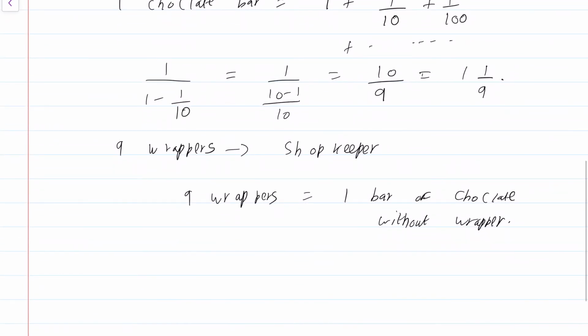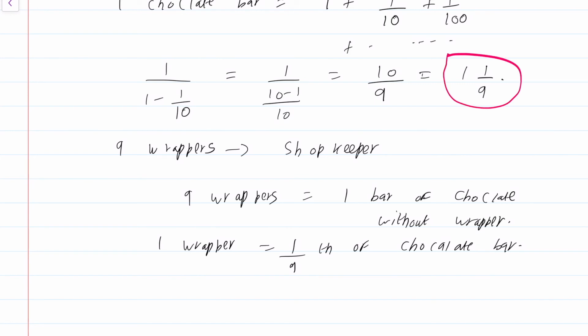So 1 wrapper is 1/9 of a chocolate bar. And we immediately get that 1 chocolate bar along with the wrapper is actually worth 1 plus 1/9, which is what we got by summing up the geometric series.